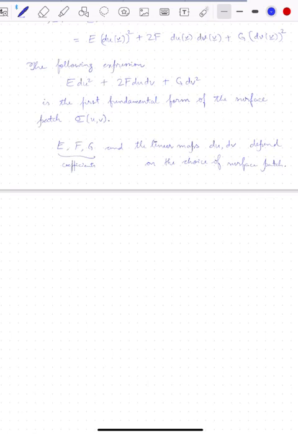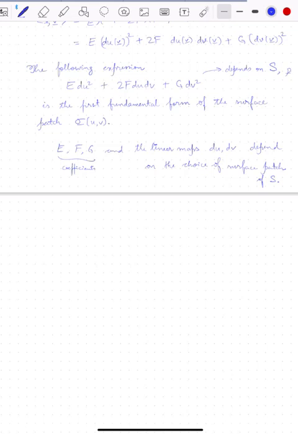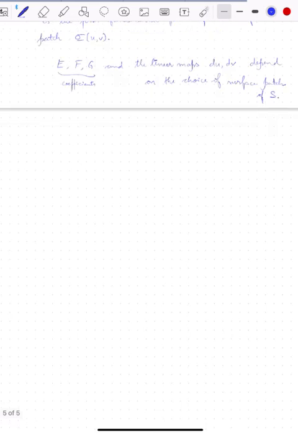However, the first fundamental form by itself does not depend on the choice of surface patch. It depends only on the surface and the point P. And we'll see why that is the case later, right?